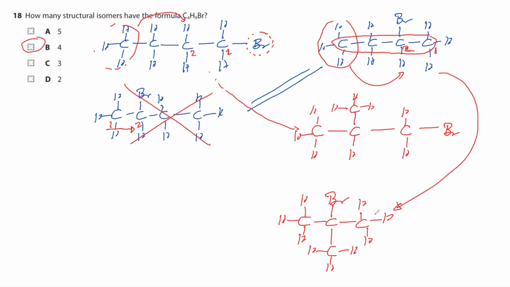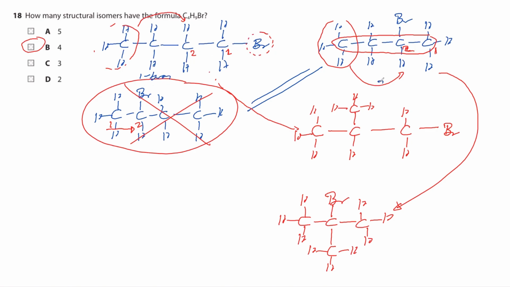Now when you are drawing these structures, if you get confused about whether it is a different structure or the same structure, the best thing you can do is write their names. So if I write their names, I should get 4 different names if these are 4 different molecules. So this is 1 bromobutane.